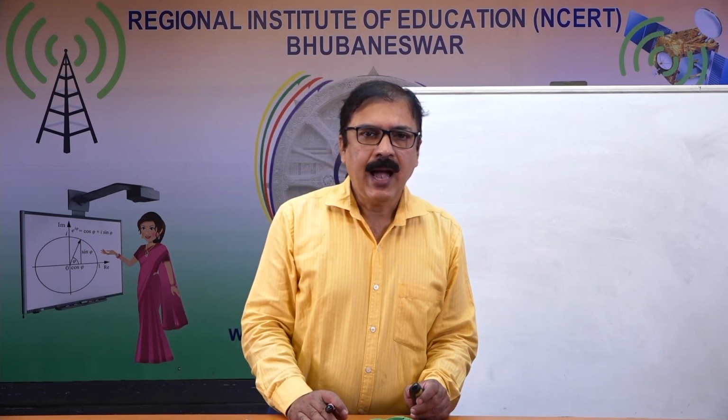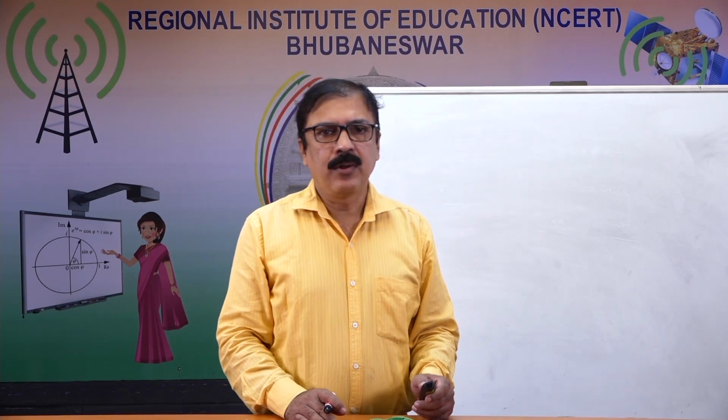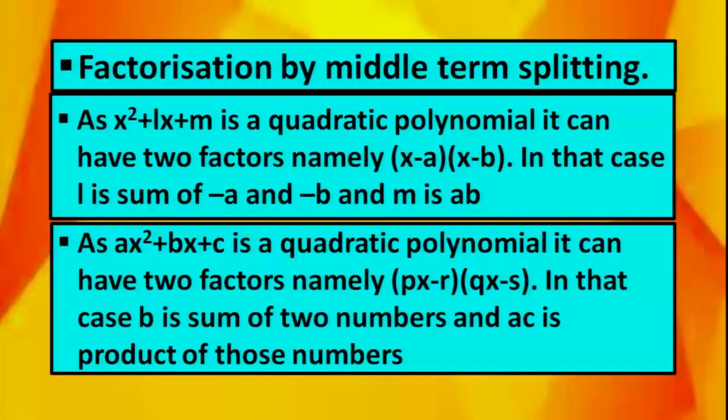Let's see another type of quadratic polynomial. Here we have ax square plus bx plus c. That means the coefficient of x square is some a other than 1. So in its factors we will have the coefficient of x other than 1.